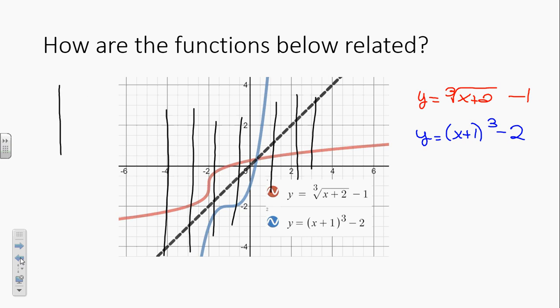But let's look at this. Could we draw a vertical line somewhere and touch that graph in more than one place? Lots of them, right? So I could go here and touch it in two places. I can intersect it here in two places with this line. I can intersect it here in two places with this line.